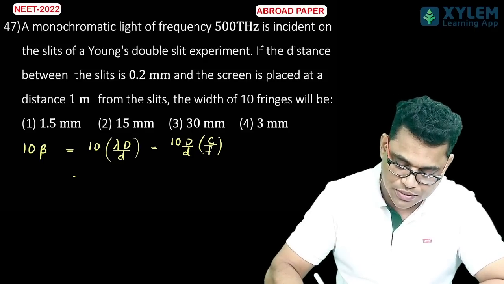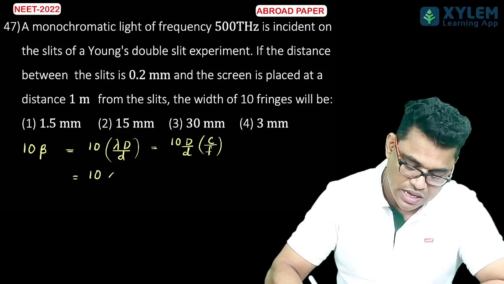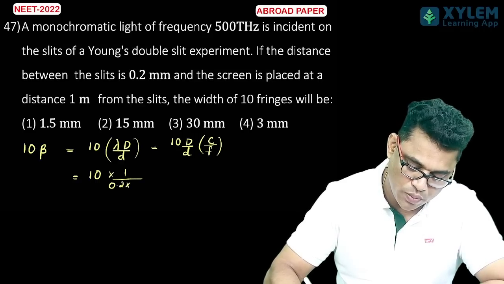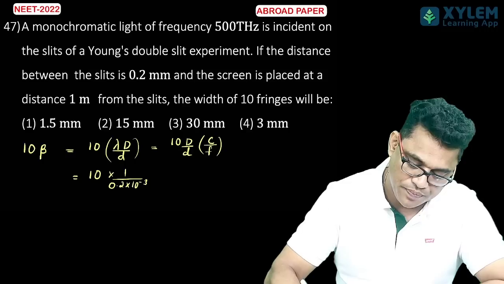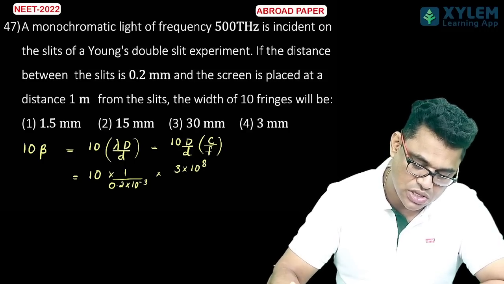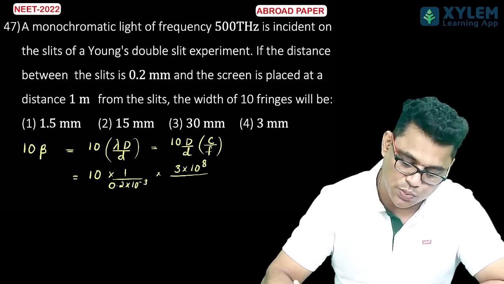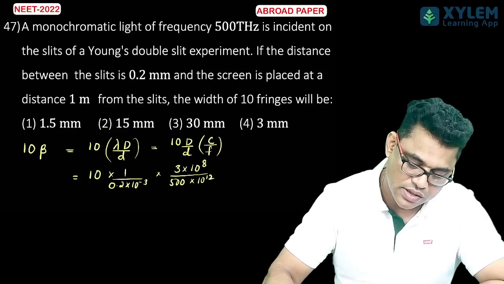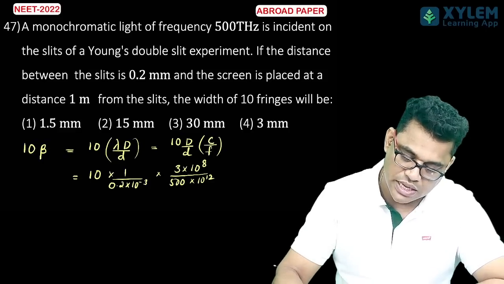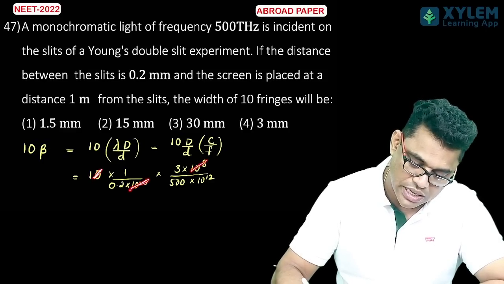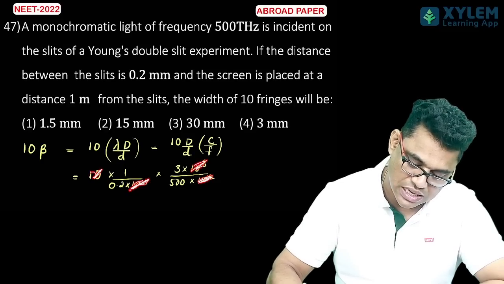Now we are going to substitute 10, D is 1, isn't it? This d is 0.2 millimeter, 10 to the power minus 3. Then velocity of light is 3 into 10 to the power 8 divided by frequency, 500 terahertz. Tera means 10 to the power 12. Now you can see that this 8, this 3 and this 1 together is 12. Therefore, it gets cancelled.